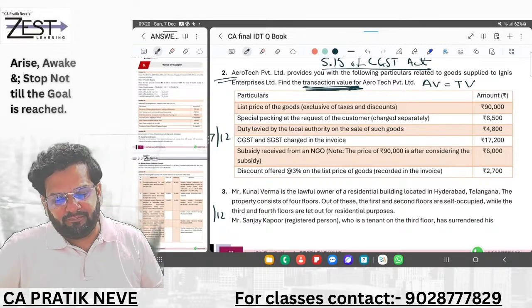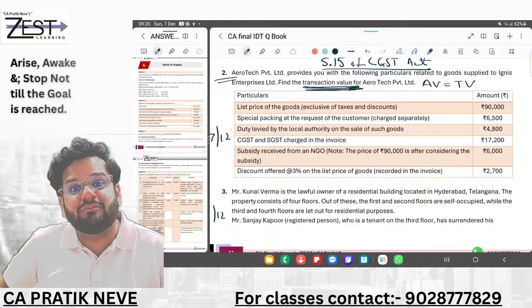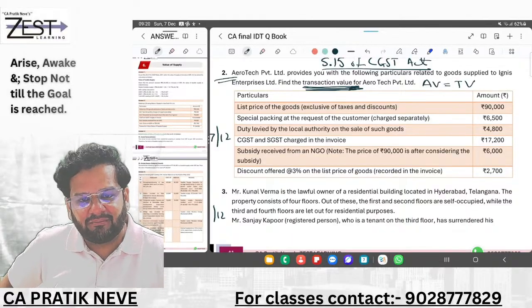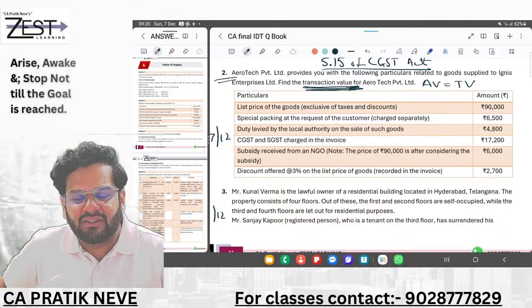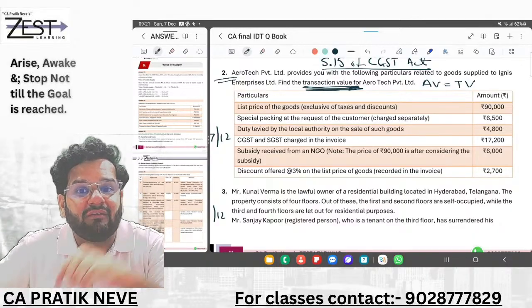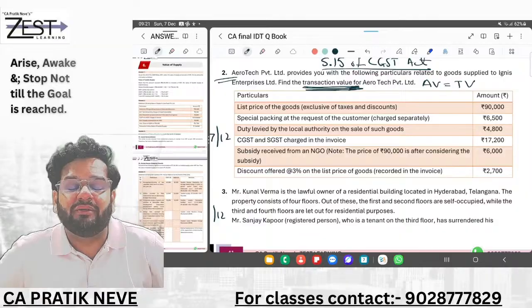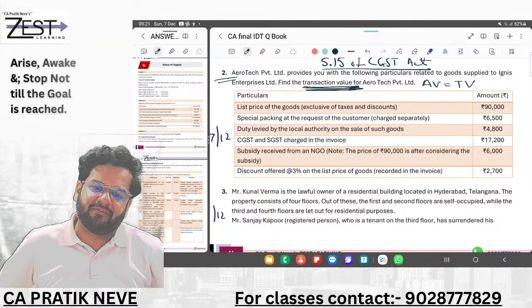And the discount is as per the terms of the agreement. And then the discount should be relatable to the invoice. And lastly, ITC availed on the discount should be reduced by the recipient of supply.